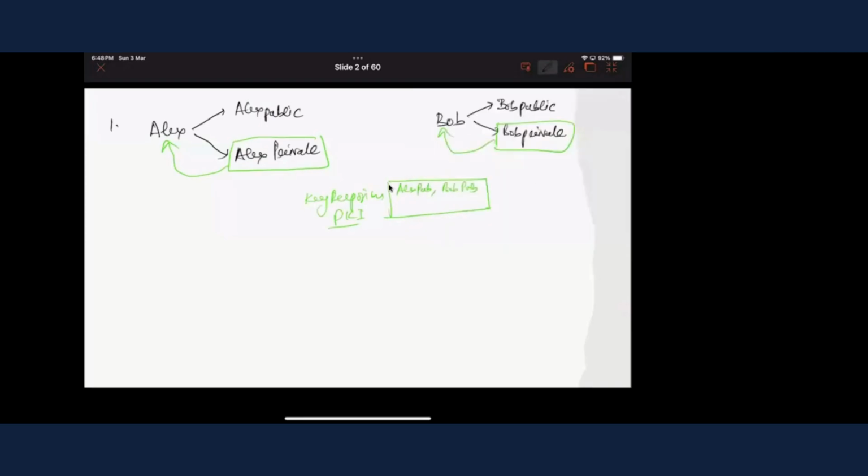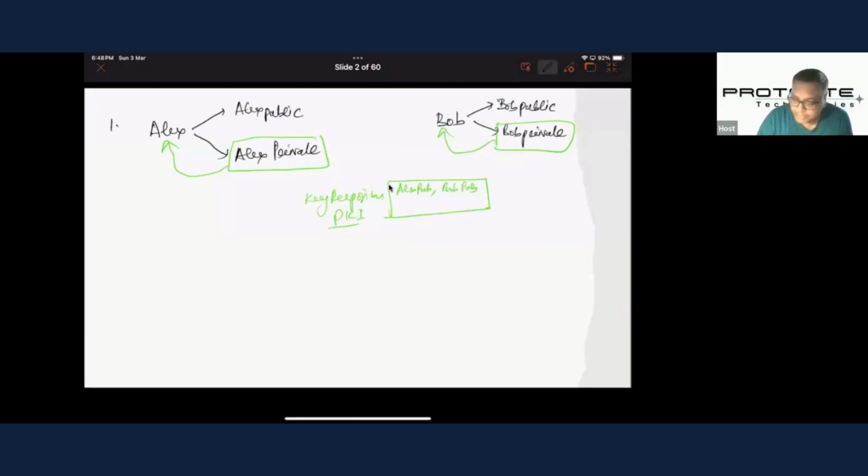Okay. Yes, now Alex wants to send an encrypted message to Bob. So what Alex does is, Alex wants to send a message. Okay, so this is the plain text. He puts it in the algorithm and gets Bob's public key from the repository. Alex requests, I want to send a message to Bob.